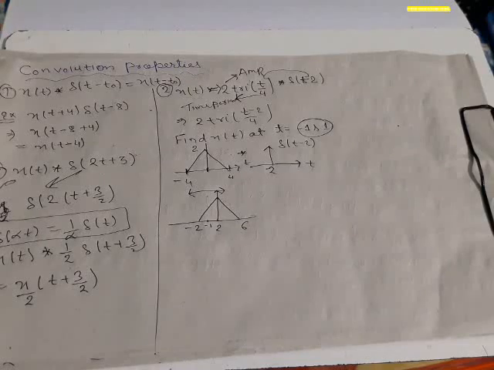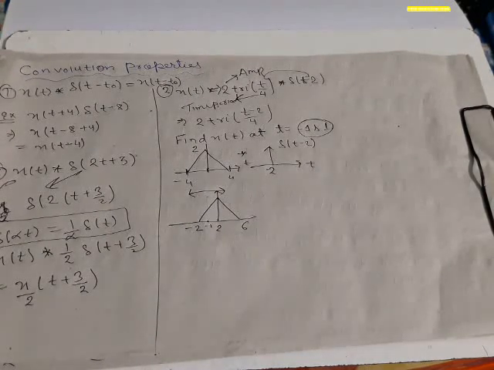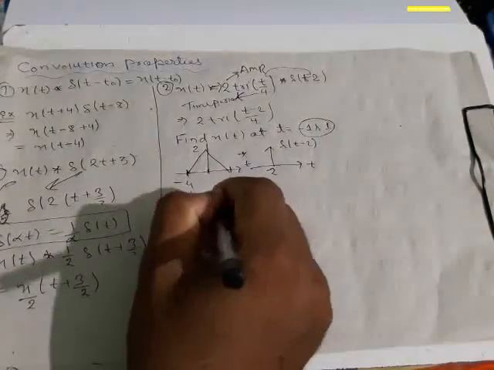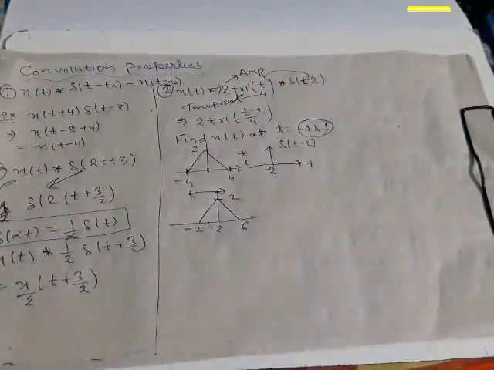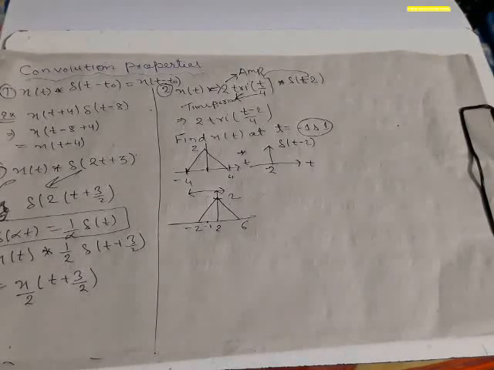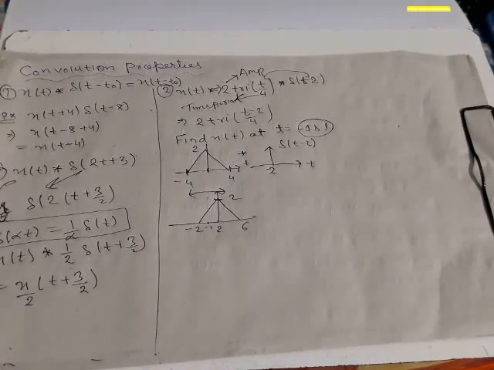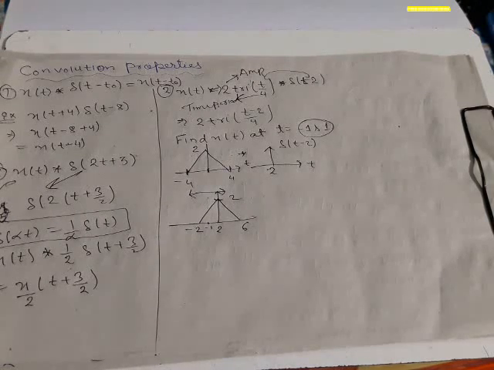Like first one, exponential minus t into u of t, multiplied with delta of t minus 1.